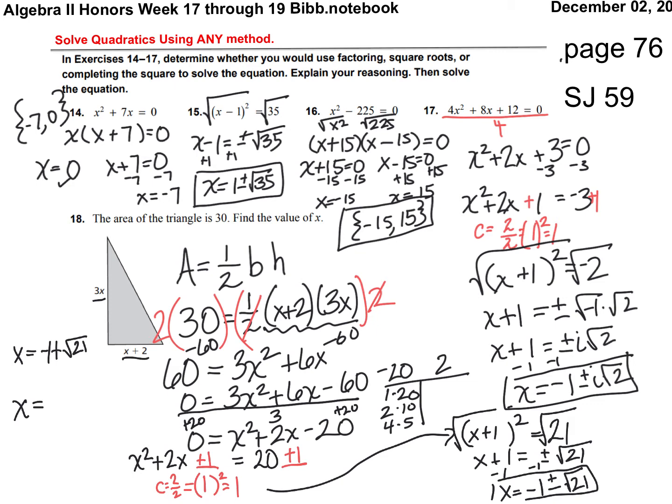And then x equals negative 1 minus the square root of 21. Can you see that the second one that I just wrote down would give me a negative answer? And if I substituted that negative answer in for x, then this one would not be possible. My only solution for x is x equals negative 1 plus the square root of 21. If you want to find a decimal for that, that's perfectly fine. You do not have to, but that would be the only answer for that problem.